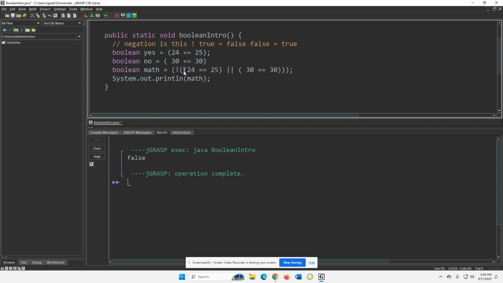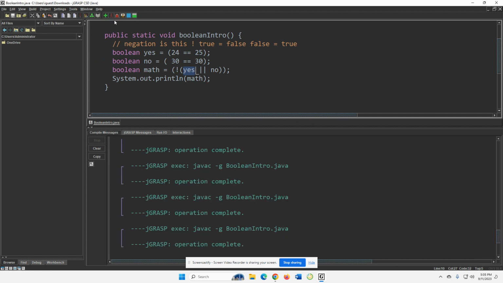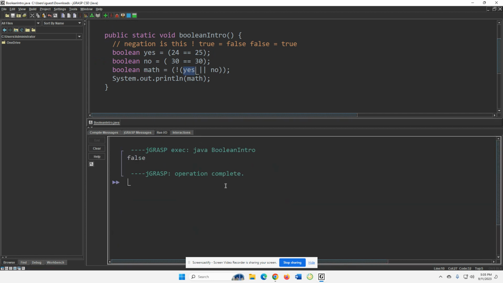And I will go ahead and delete this, and I'll just say yes, or instead of 30, I just say no. The idea is, instead of creating individual variables for it, I just put it right here as one big line of code. Again, that's not a good idea to do because you will lose a lot of things, but I did it because it was a short example. But I guess this will help people understand.